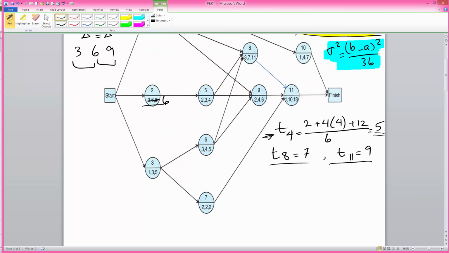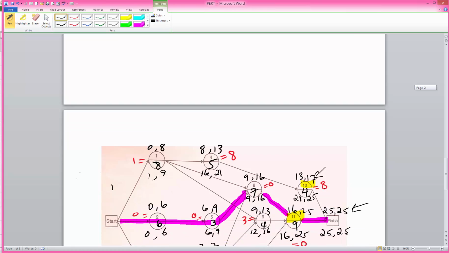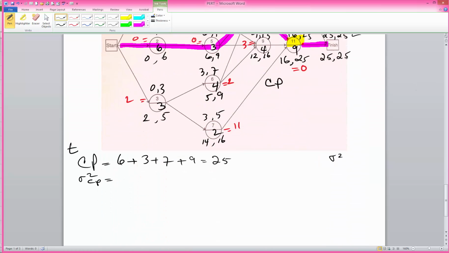Notice the times for activity 2 were 3, 6, and 9. So 9 minus 3 is 6. 6 squared is 36. So we get 36 out of 36.